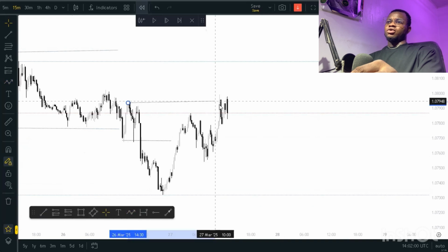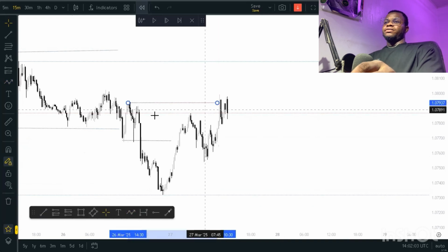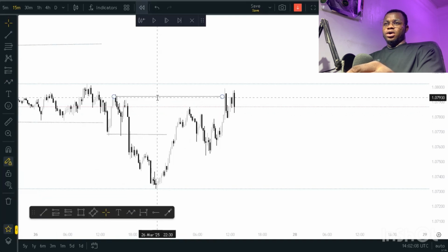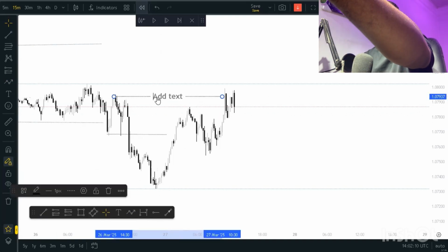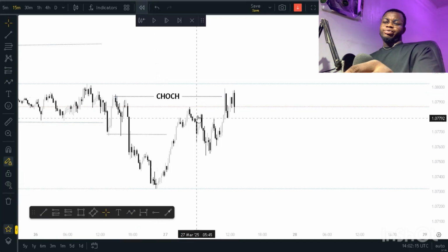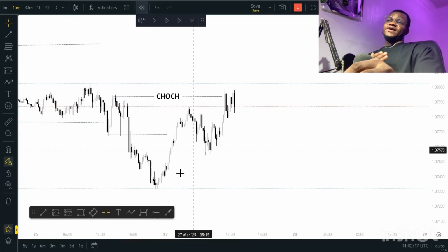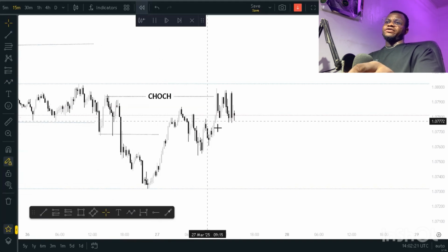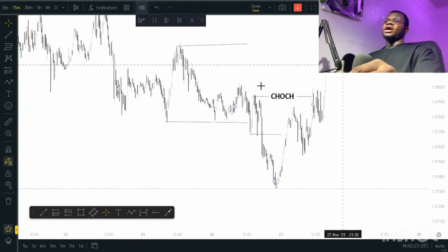So price just broke above our recent lower high. So this is our change of character. So price has automatically broken above it, marking a change of structure to the upside. So let's see what happens after then. Price starts buying.